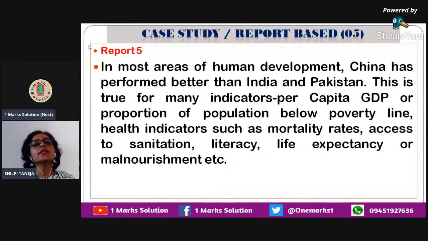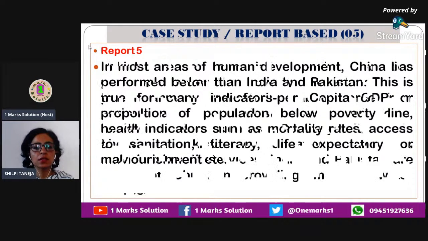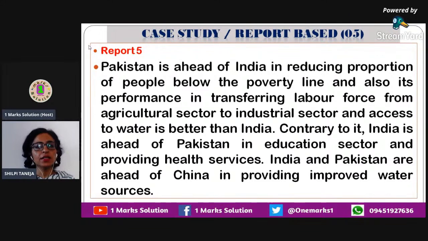Report 5 says, in most areas of human development, China has performed better than India and Pakistan. This is true for many indicators: per capita GDP, proportion of population below the poverty line, or the health indicators, right? Pakistan is ahead of China in reducing the proportion.